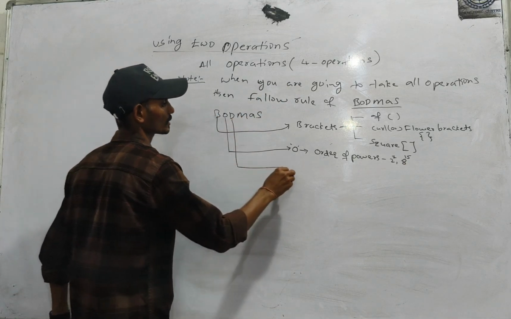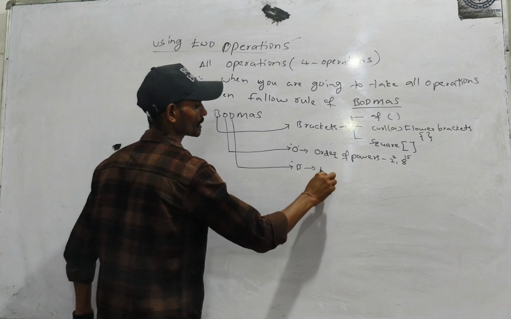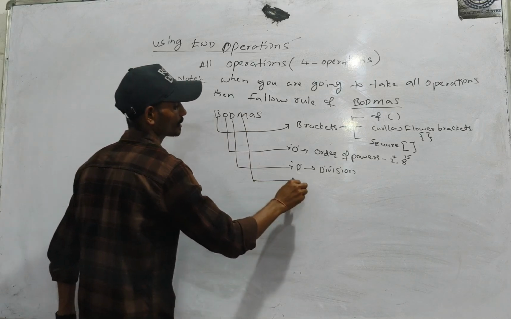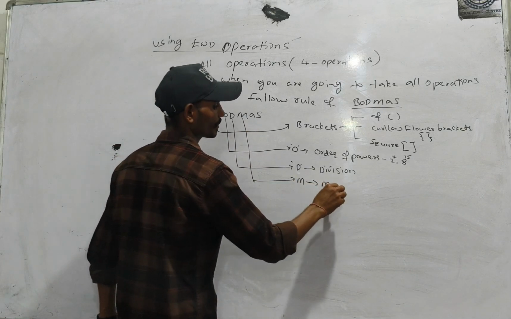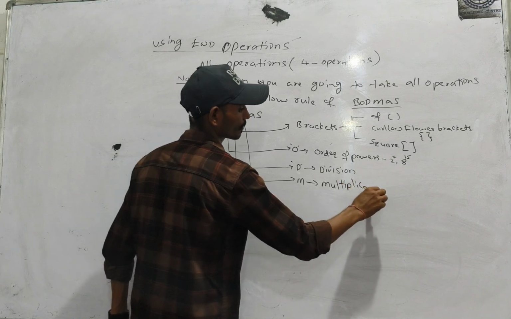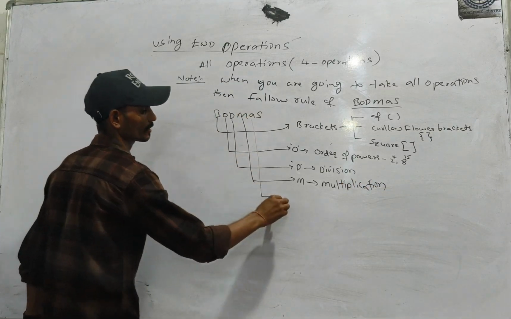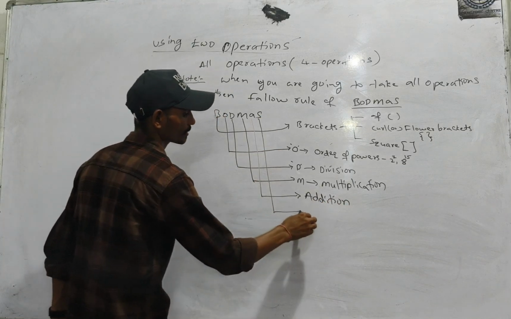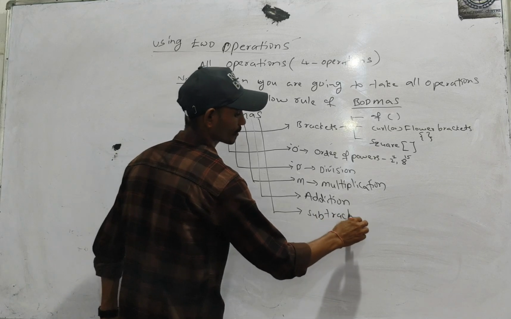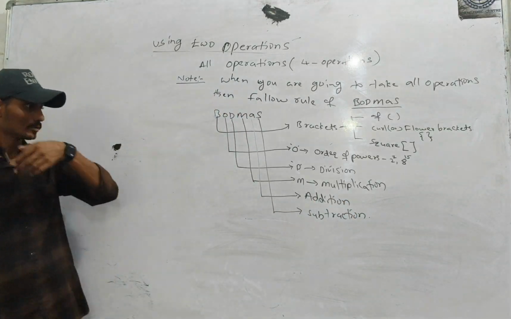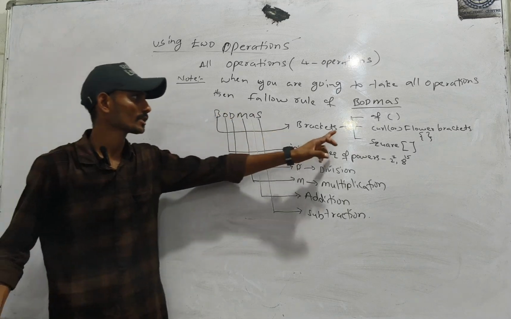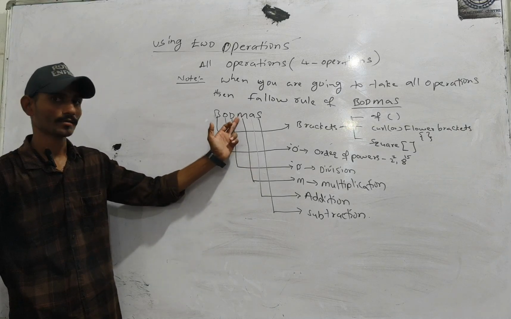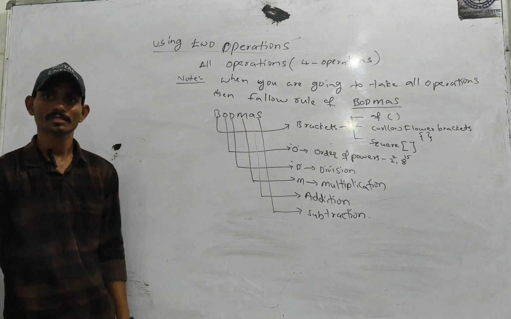Next, D means division. M means multiplication. A means addition. S means subtraction. Don't get confused. B means brackets, which are of three types: round, curly and square brackets. O means order of powers, D division, M multiplication, A addition, S subtraction.